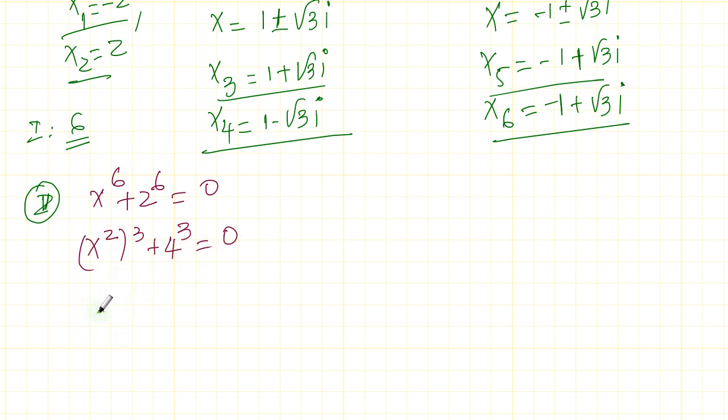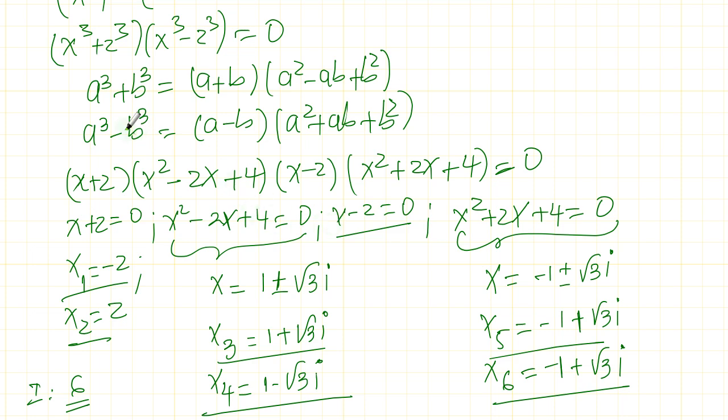So from here we're gonna have then that this is going to be x squared plus 4, which multiplies, applying our identity here, which is this one here.